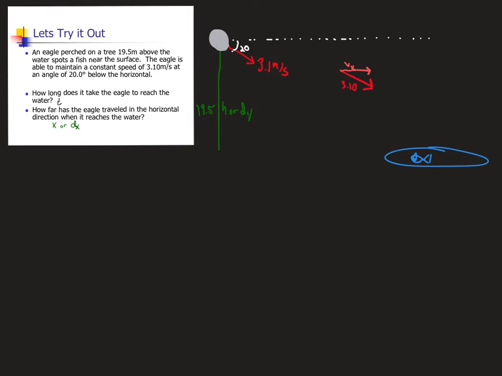Go a little pink on that one. So velocity in the y direction. We'll keep that color the same for the 20 degrees as well.